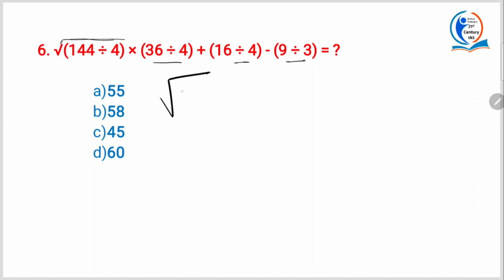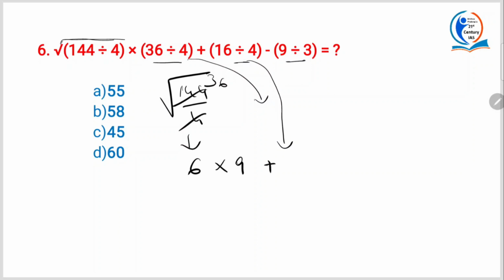What is 144 by 4? 4 ones are, 4 3s are 12, 2. So, you get 36. Root over 36 is how much? 6 into 36 divided by 4 is 9 plus 16 divided by 4 is how much? It's 4. 9 divided by 3 is 3.